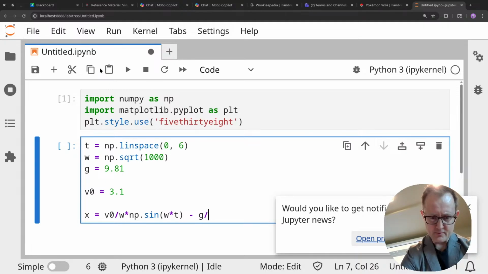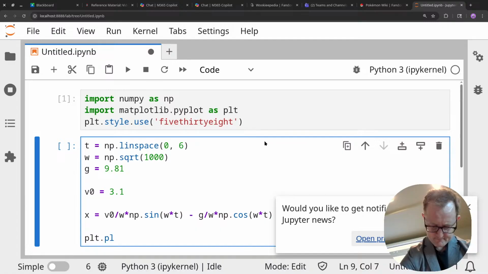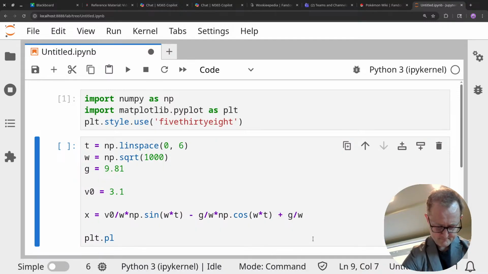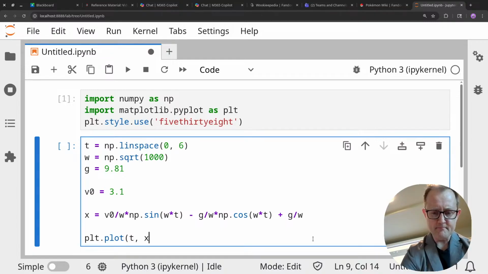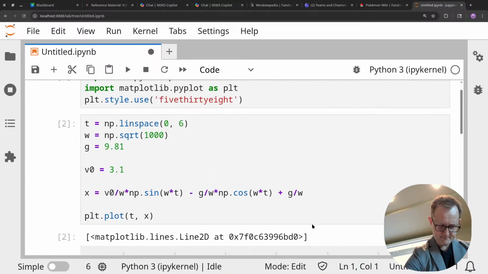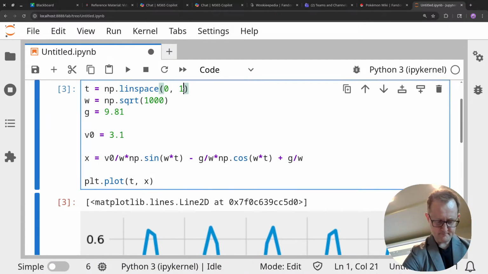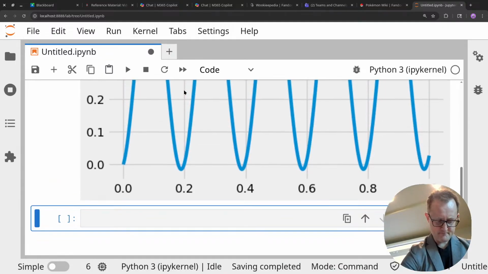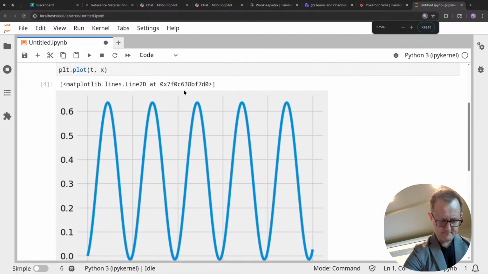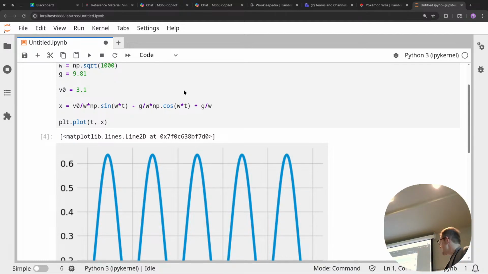Alright, so kind of taking our function that we just solved and just plotting it, to see what happens.